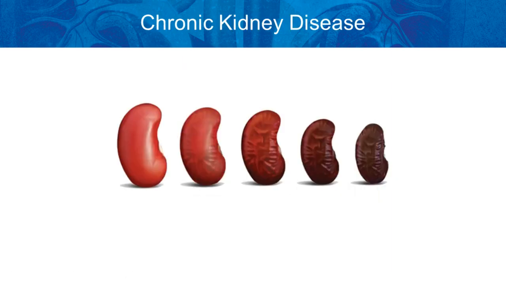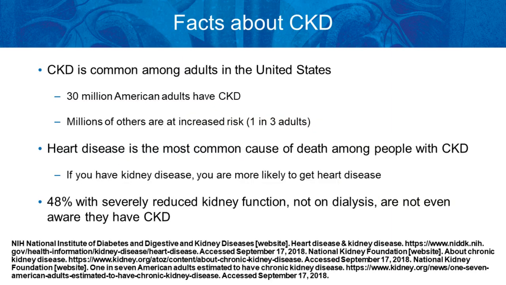Now let's turn and talk about chronic kidney disease. Chronic kidney disease is among the most common diseases among adults in the United States. Roughly 30 million Americans are affected by chronic kidney disease, and many others are at risk for chronic kidney disease and are not even aware that they have this condition.